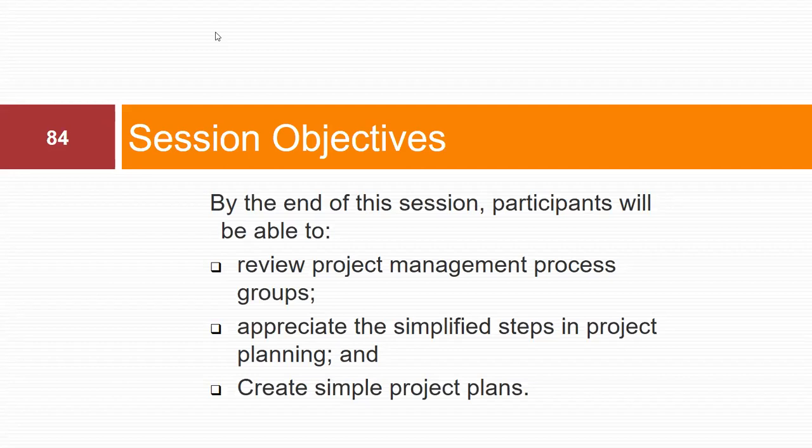Okay. We have the initiation stage, initiation process. We have the planning process, execution process, monitoring and evaluation. Then we have the closure. All right. Thank you so much. So we have the initiation, the planning, execution, monitoring, controlling, and closure.